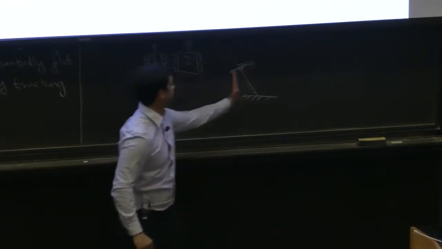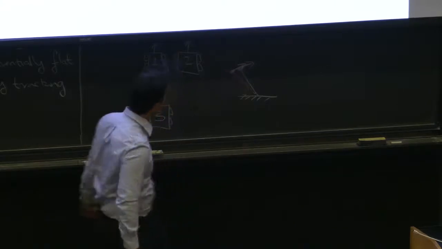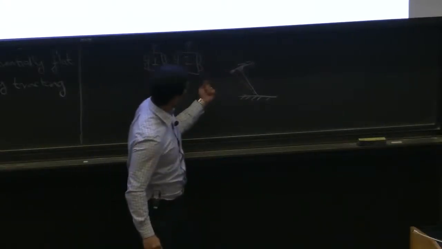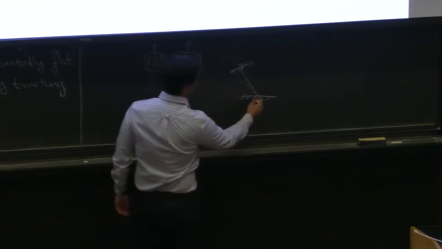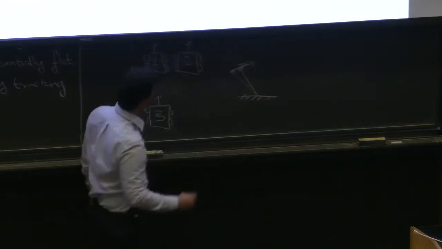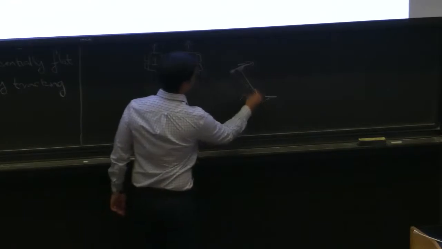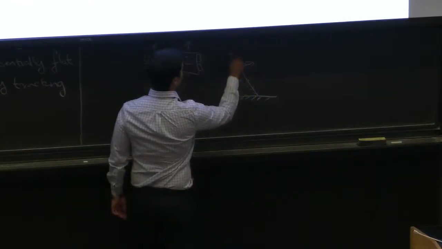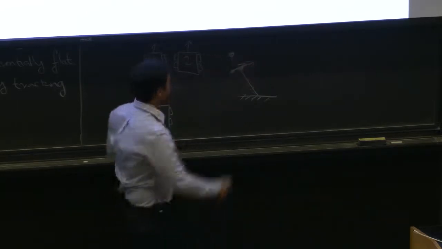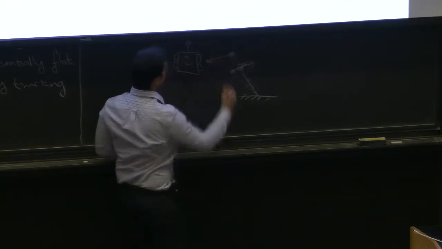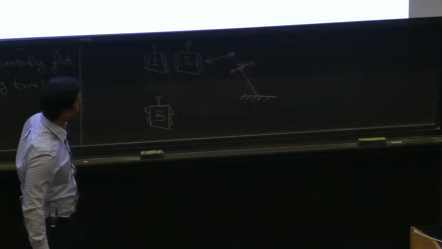The pendulum is at this angle or at this angle, but both are moving in the same direction. This is slightly tricky to draw. Let me just extend the pendulum a bit. So the angle is the same, but the velocity is very different. So the velocity is in the other direction.